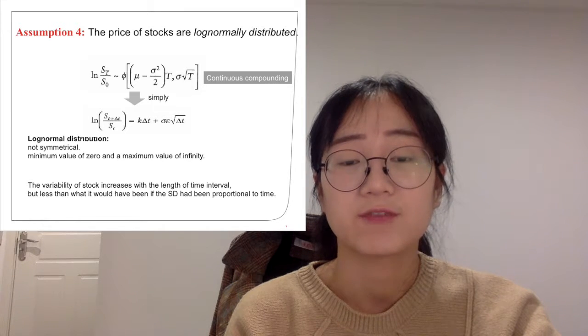To simplify the first equation, we can get the second one. The right side shows the two parts, certain and uncertain components.